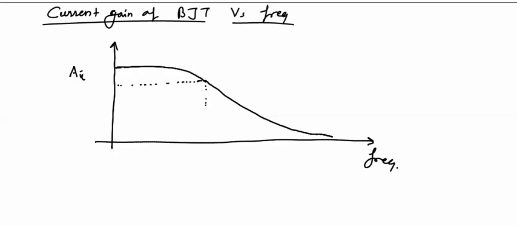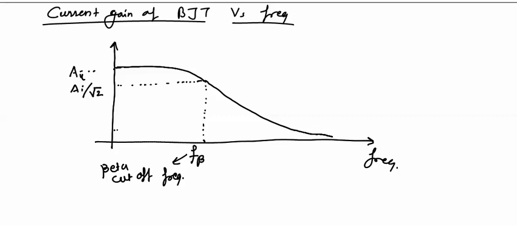The frequency at which current gain becomes 1 by root 2 times its maximum value, this is the maximum value, is called the beta cutoff frequency. And the frequency at which current gain reduces to 1 is called ft, the unity gain cutoff frequency.